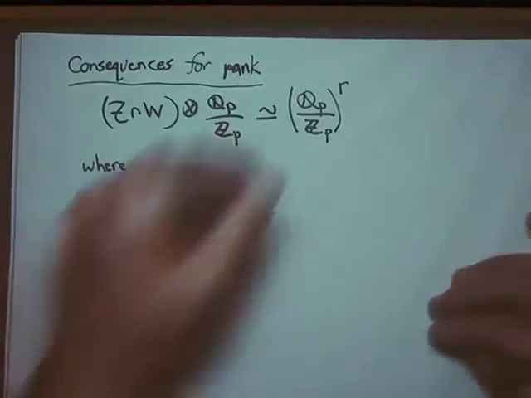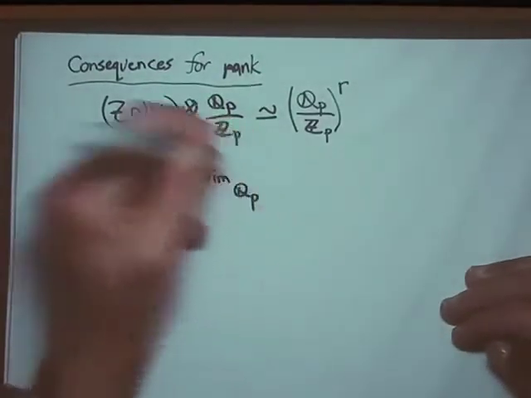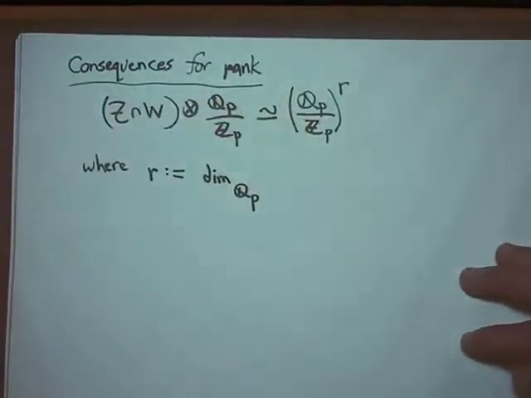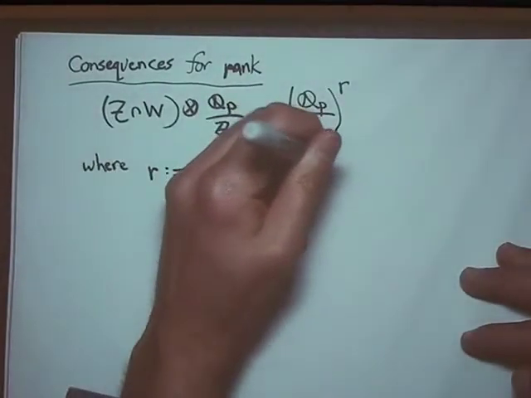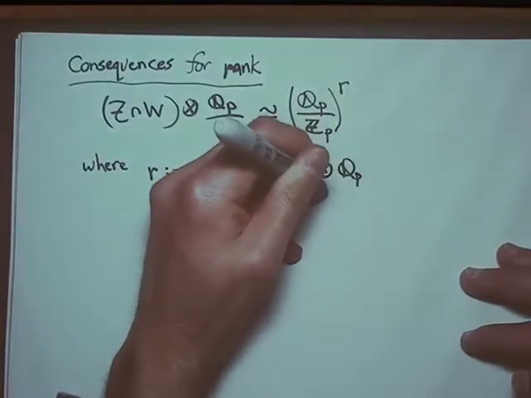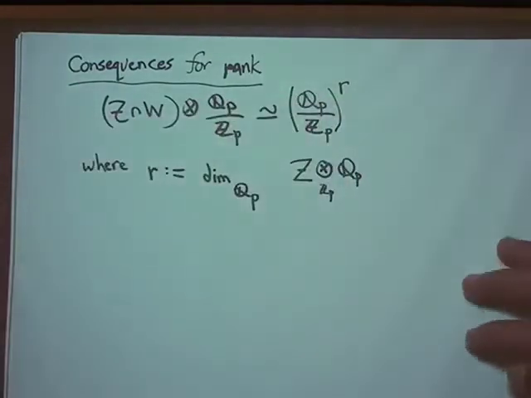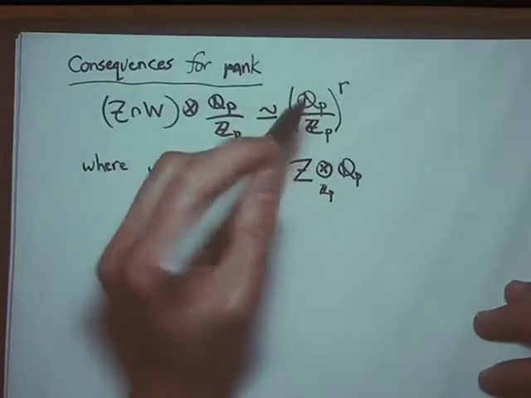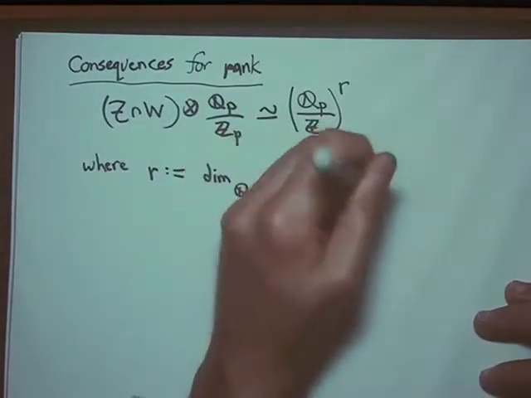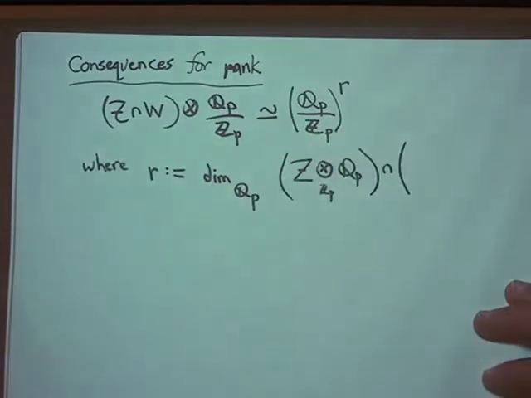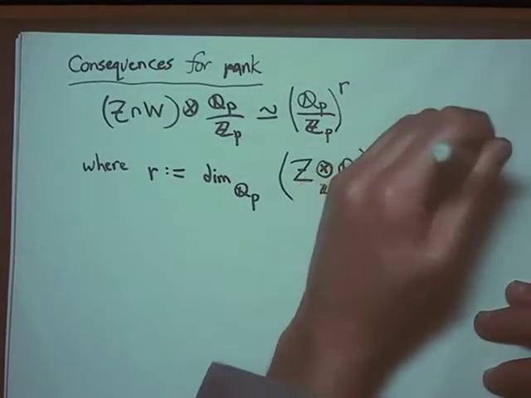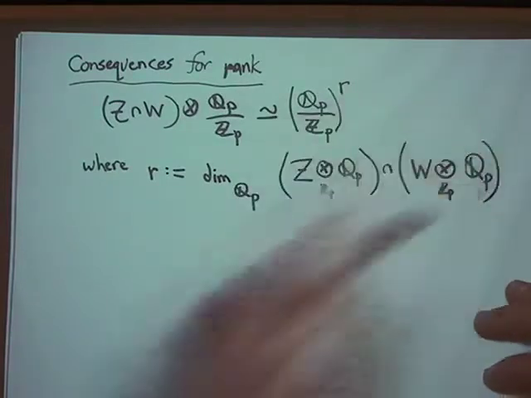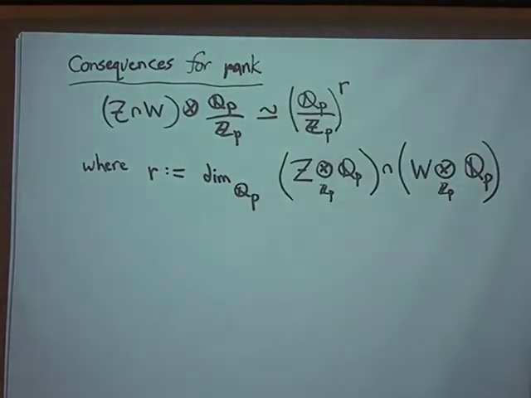Well, in order to talk about dimension over vector spaces, I'll tensor them both with QP. So I'll take Z tensored QP, over ZP, so that's a QP vector space, and intersect it with the same thing for W. Okay, so that's the prediction for what the rank of an elliptic curve looks like.